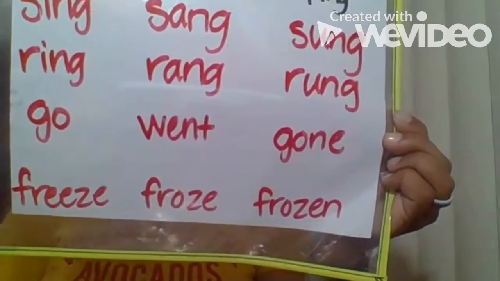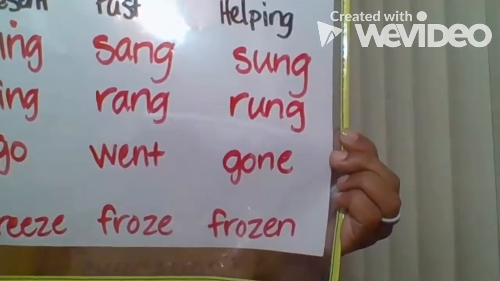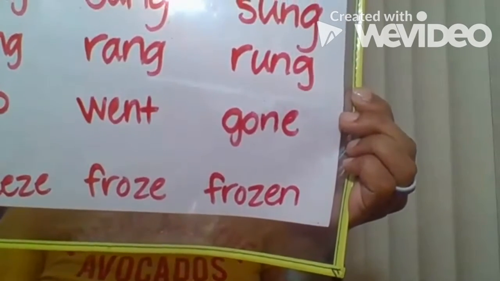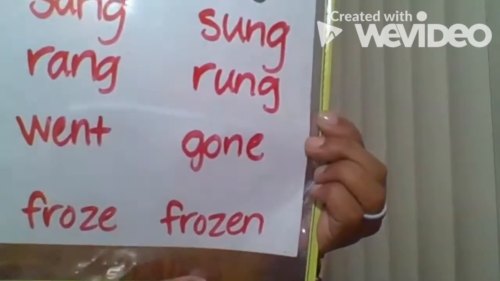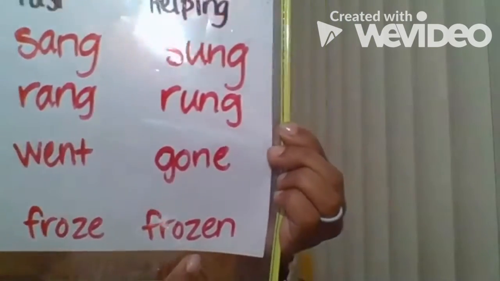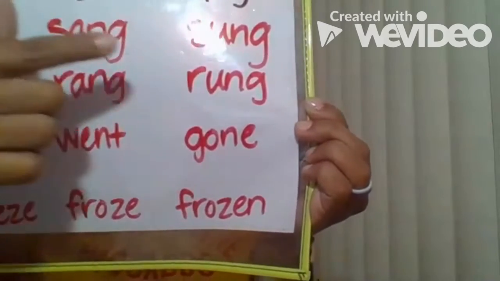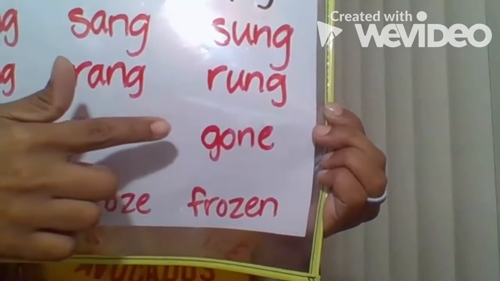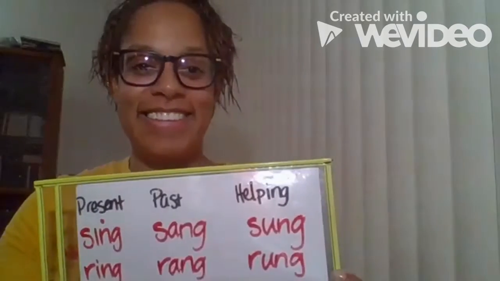Now, take a look at the last column here. Say each word out loud to yourself. So now let's try our sentences with these words. Maisie sung, the bells rung, you gone to school, water frozen at 32 degrees Fahrenheit.